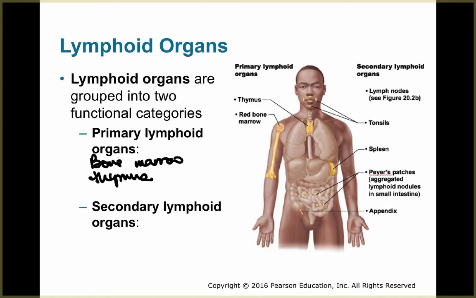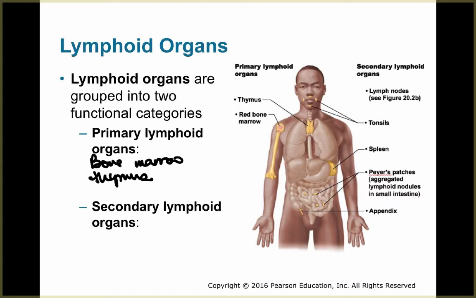And so when we were talking about the types of cells earlier, I talked about lymphocytes. And there are two types of lymphocytes. There's B lymphocytes and T lymphocytes. So these are also known as T and B cells.